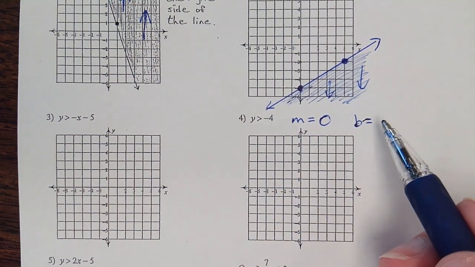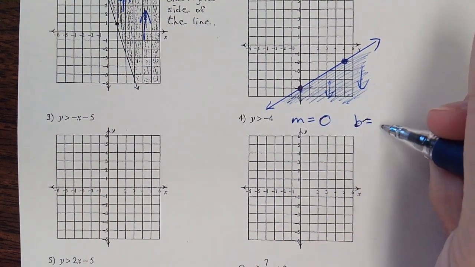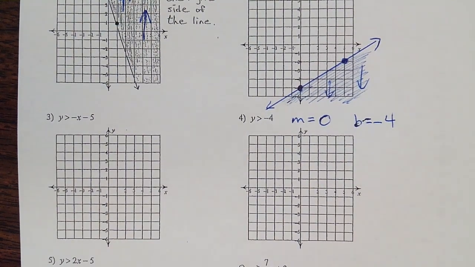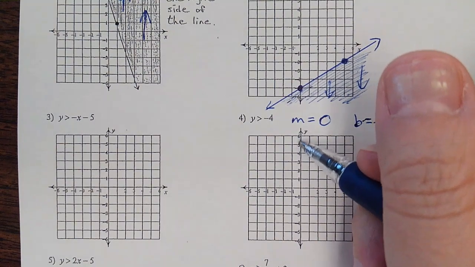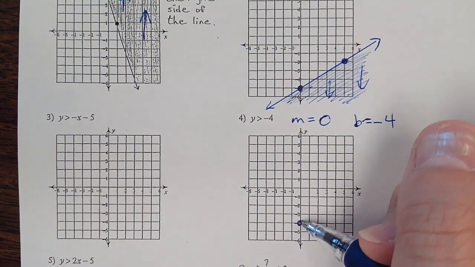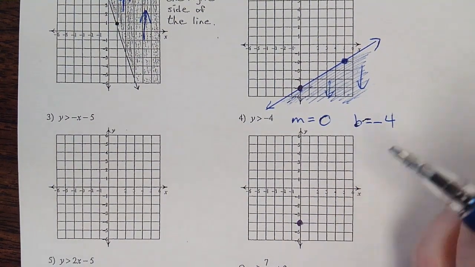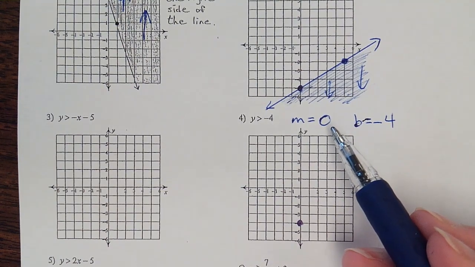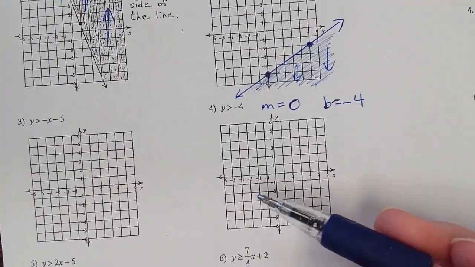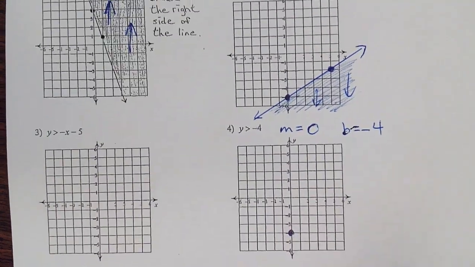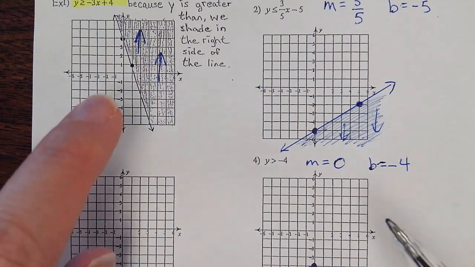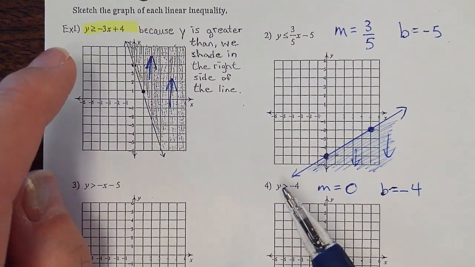And my y-intercept? -4. Okay, good. So I'm going to plot -4 on my y. And for a slope of 0, we did it like 1,000 times. Slope of 0 means it's a horizontal line. That's right.